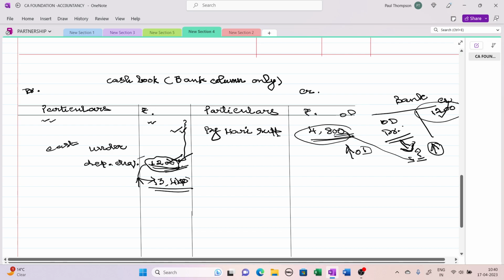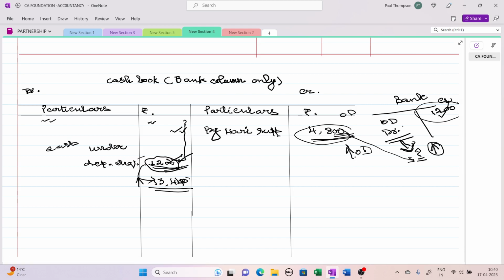My overdraft should have gone up, but the bank has not taken that into my account. By mistake, it has put it in someone else's account. So in my account, the balance did not get disturbed. The balance remains more by 4,800, whereas in my cash book, the overdraft has increased by 4,800.